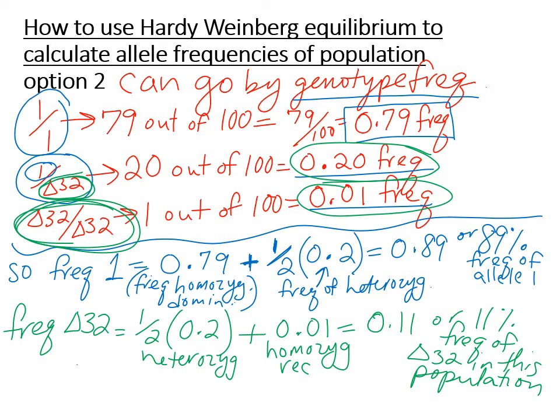You know, from these same numbers, if someone gave you the genotype frequencies of 79, 20, and 1, would you be able to calculate the allele frequencies? Okay? Let me know if you have any questions or concerns.